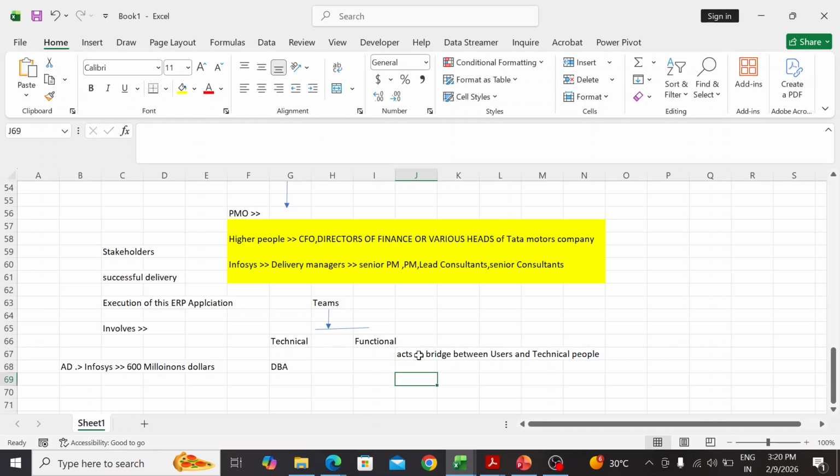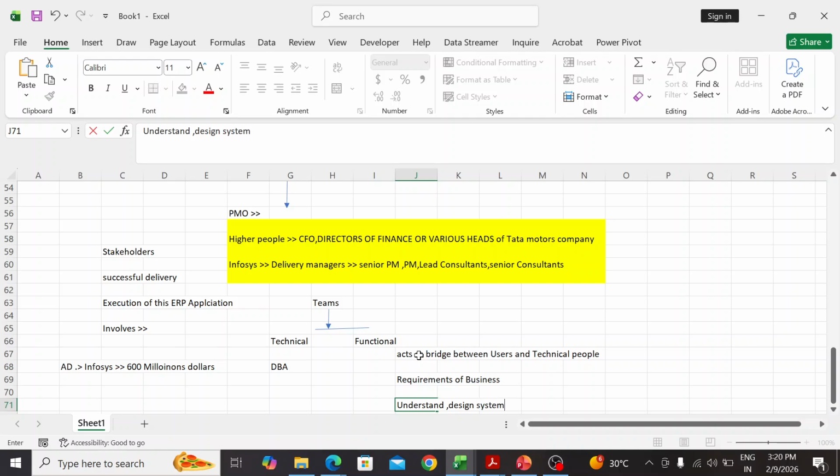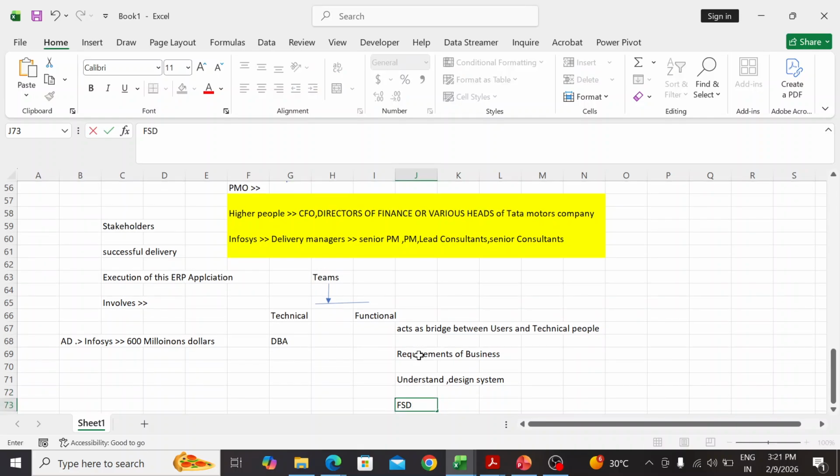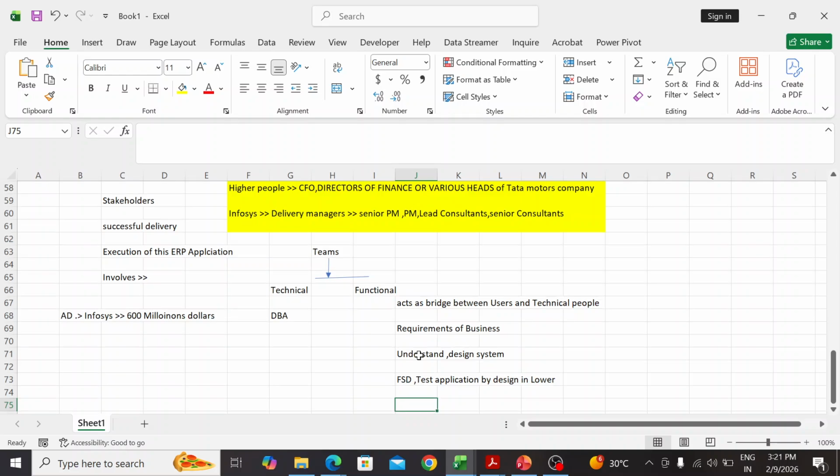Functional consultants should understand the exact requirements of the business, and they must design the system according to those requirements. They have to prepare the FSD documents, and test the application by designing in lower environments before deploying into the production environment.